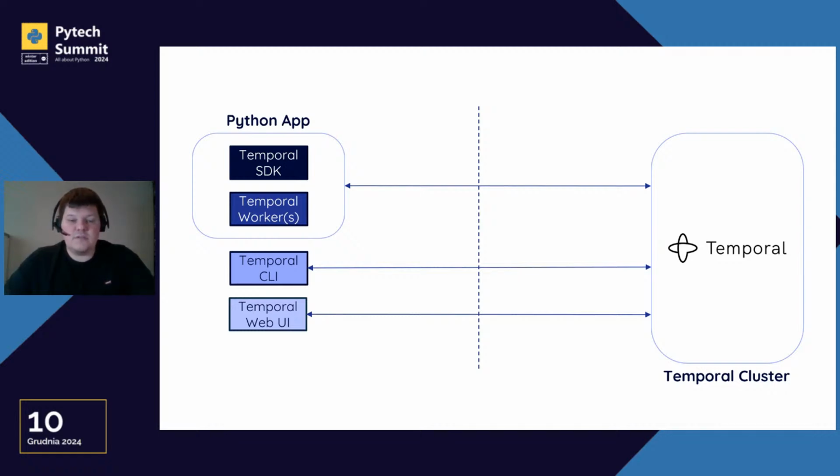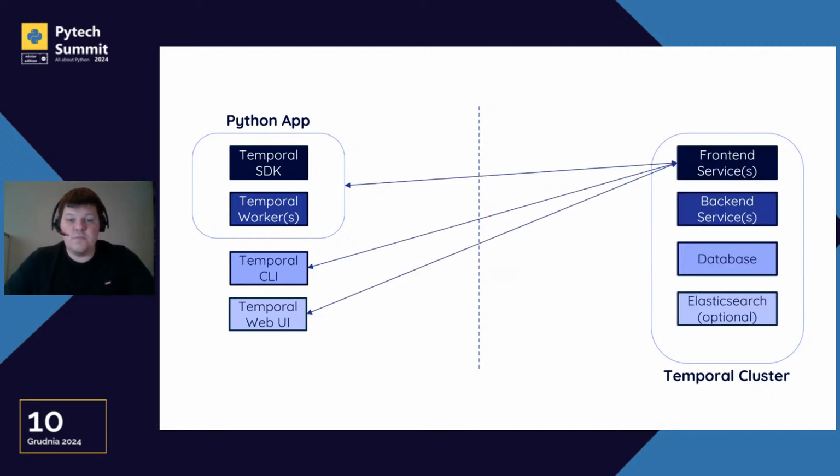Now let's check how the Temporal cluster looks. Inside the Temporal cluster, we can expect some front-end services, backend services, a database, and Elasticsearch optionally, and I will talk a little bit later about why we need a database or optionally also additionally Elasticsearch.